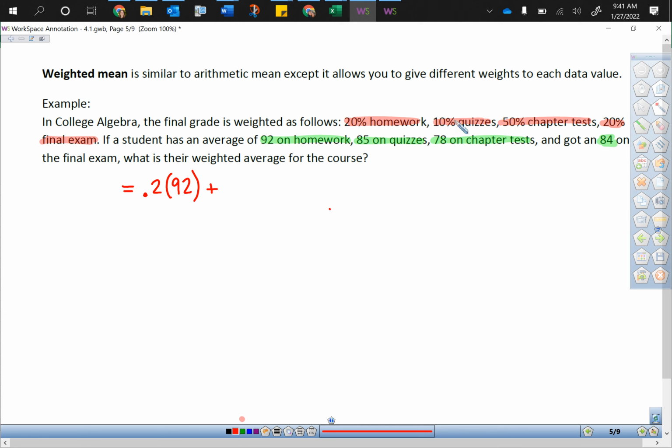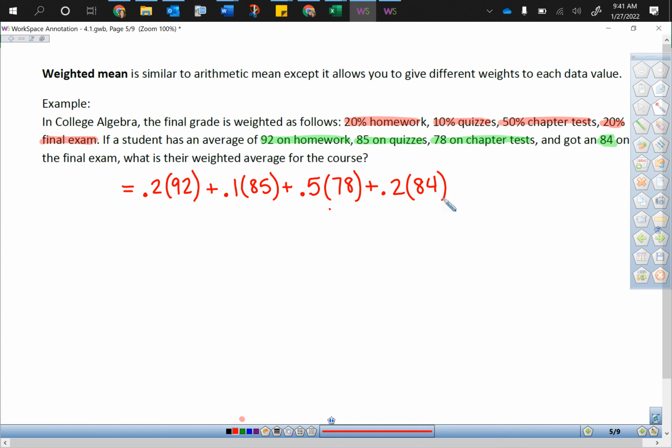So 10% of their grade is quizzes, so that's going to be 0.1, times the 85% that they got on their quizzes, plus their chapter test. So we know 50% of their grade comes from their chapter test, and they average a 78% on their chapter test. And then finally, 20% of their grade is their final exam, and whoever this student is got an 84 on their final exam.